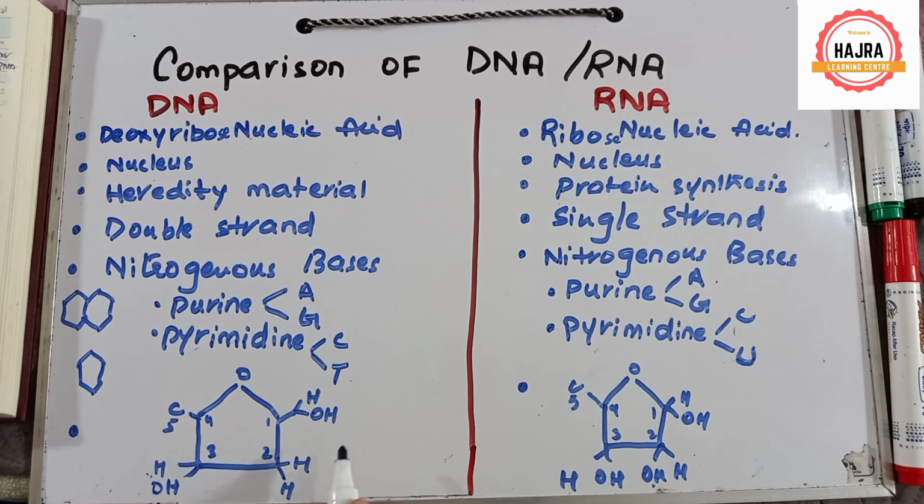But in DNA, the oxygen group was removed at number 2 carbon. Here oxygen is present, so its name is ribonucleic acid. There is no oxygen group here, that is why we say deoxyribonucleic acid.